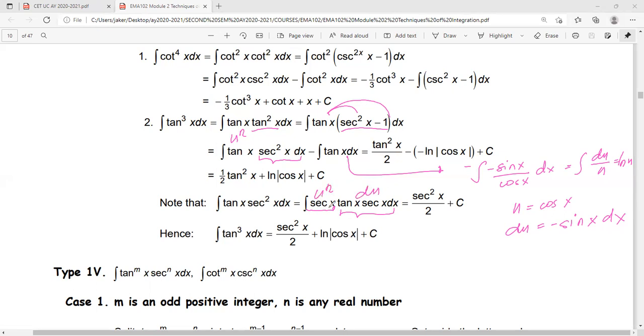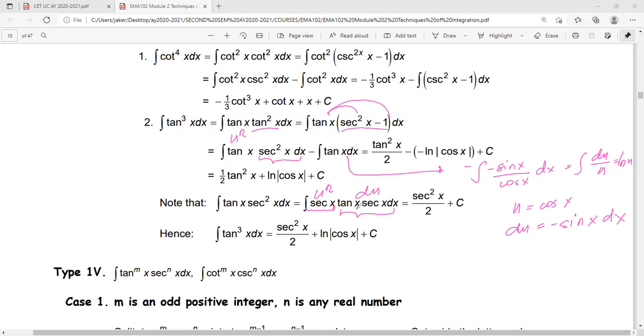If your u is secant of x, the derivative of that is tangent x secant x dx. So it could also be that instead of answering here tangent squared x over 2, you can also answer secant squared x over 2. Because this u here, which is the secant of x, has the exponent of 1. So if you use the power rule to it, that would be secant of x squared over 2.